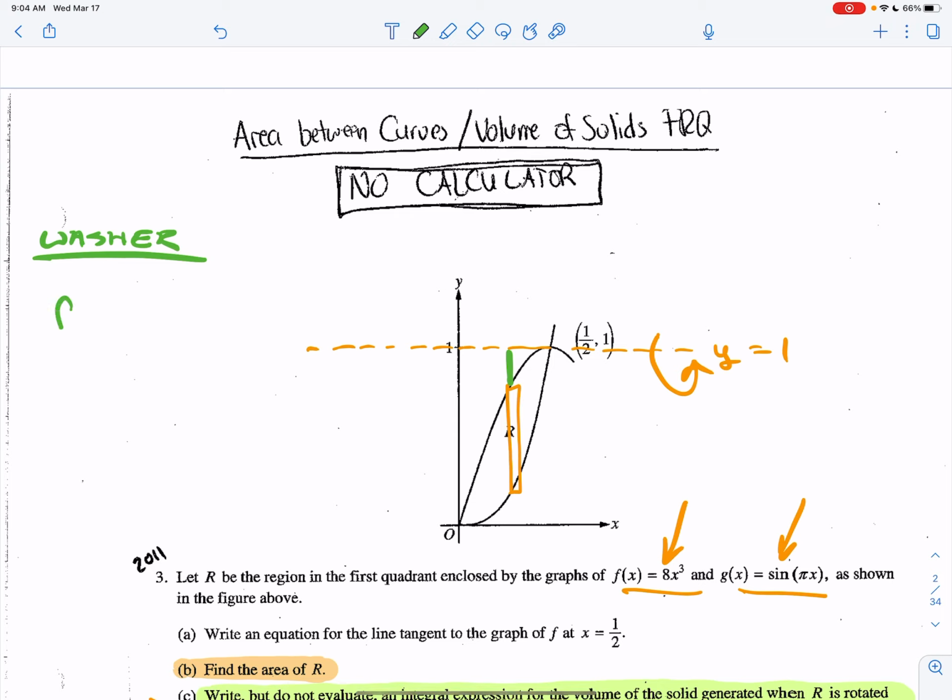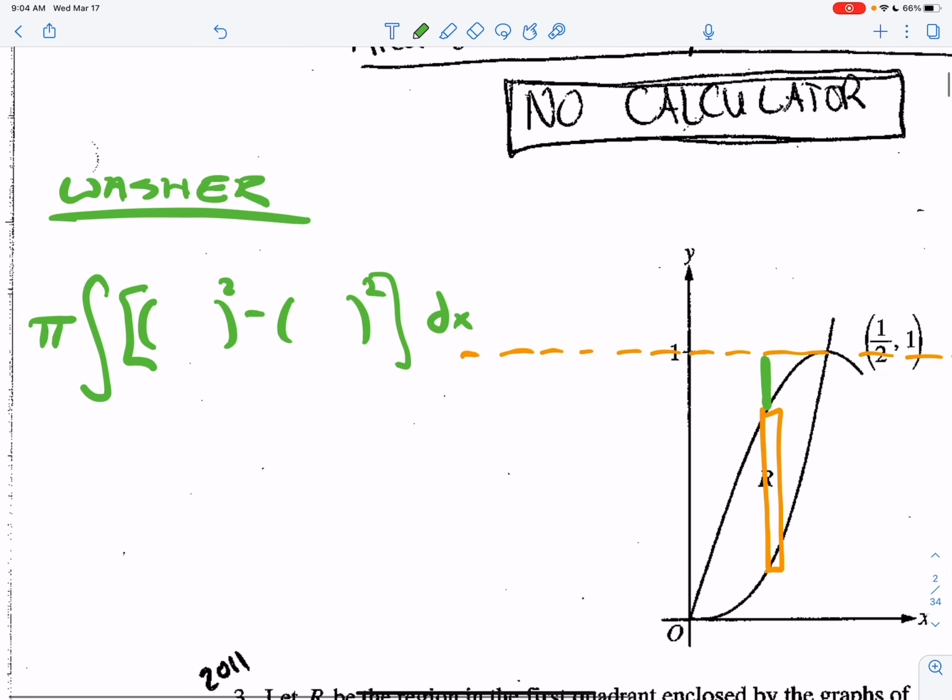Okay, so we're going to go ahead and have pi integral, okay? I know that this is going to be dx, and this is going to be outside squared minus inside squared. Again, you guys are refreshing here, okay? Okay, the bounds are pretty easy. The region starts from 0 all the way to 1/2 here.